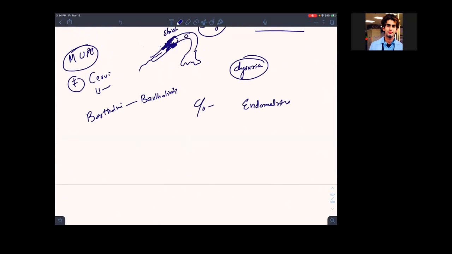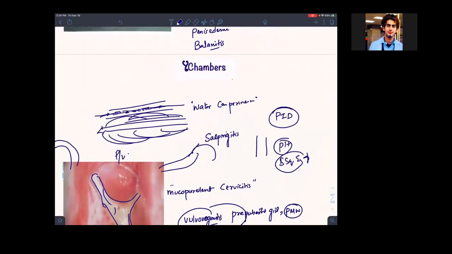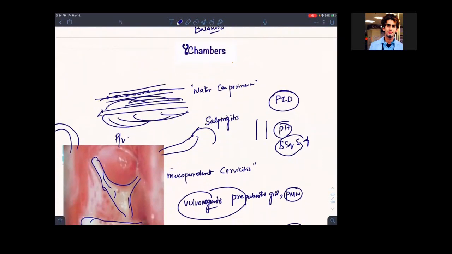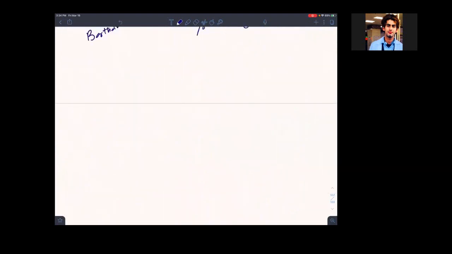So we are done with these two important things. In females, there is also a syndrome caused by gonococcus, the Fitz-Hugh-Curtis syndrome. It is rarely seen.